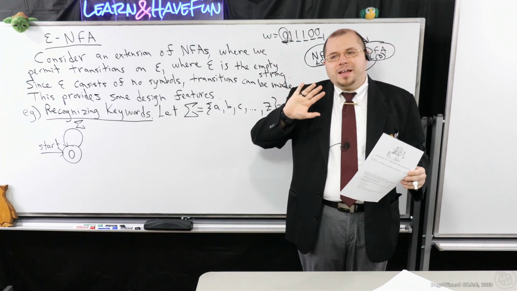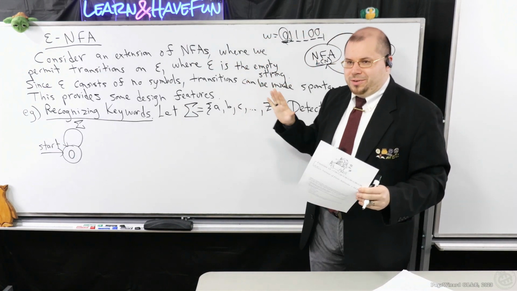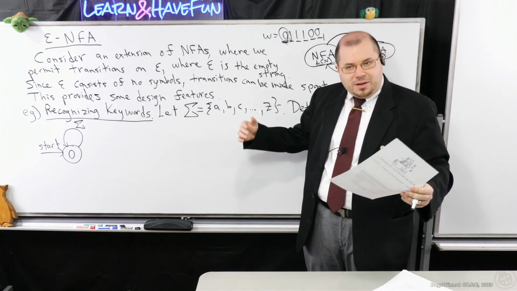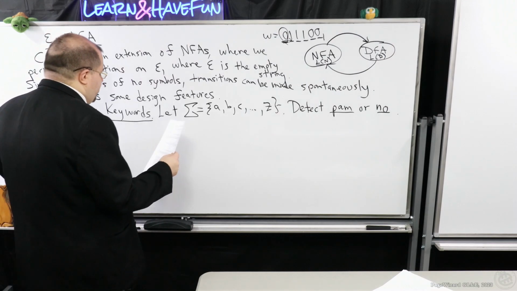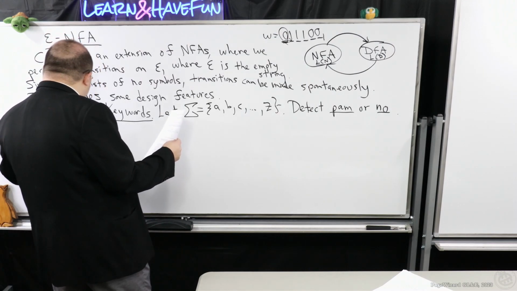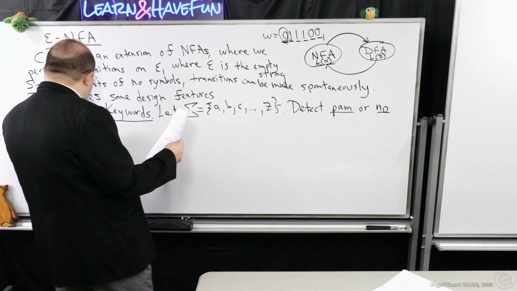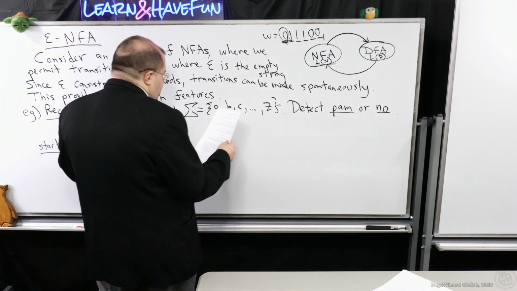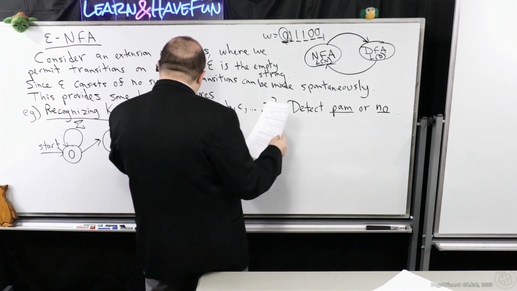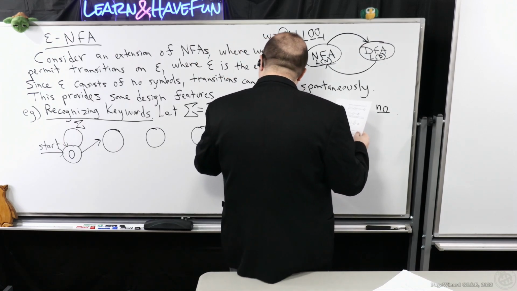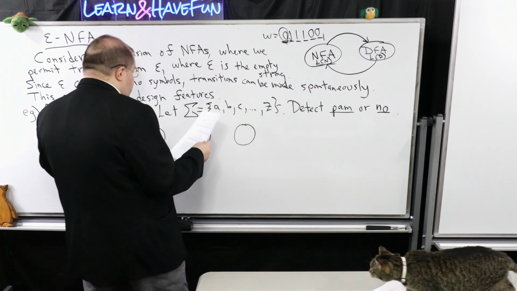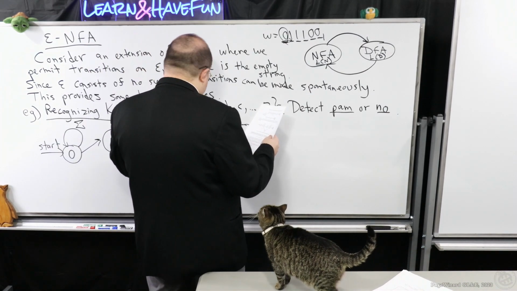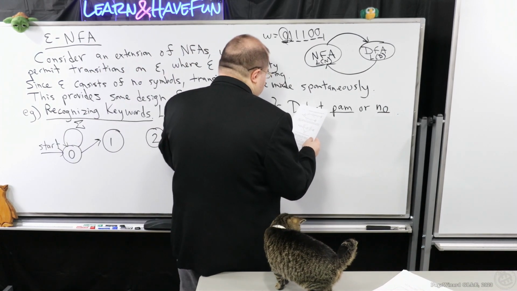Now, Epsilon-NFAs make this much easier to do. Of course, you can do it with an NFA. It's not too terribly challenging, but this gives you a much more general framework for how you might go about this. So check this out. We're going to use the same strategy we would use to detect if the string consists of some key phrase that we're used to from a DFA.